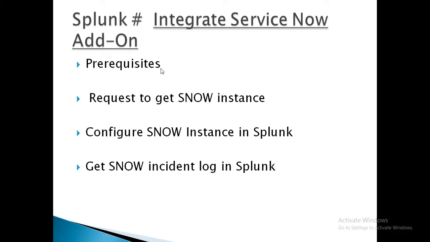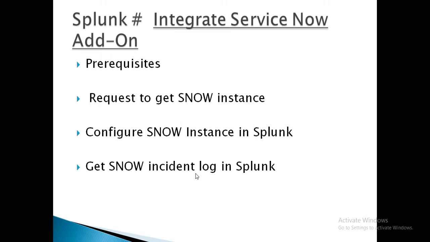After that, we got an account in ServiceNow and requested a new instance, which is required when we configure ServiceNow. After configuring, give only the URL, instance name, and username and password in Splunk, and then we get the incident log. The total number of tickets you created in ServiceNow automatically come to my Splunk.